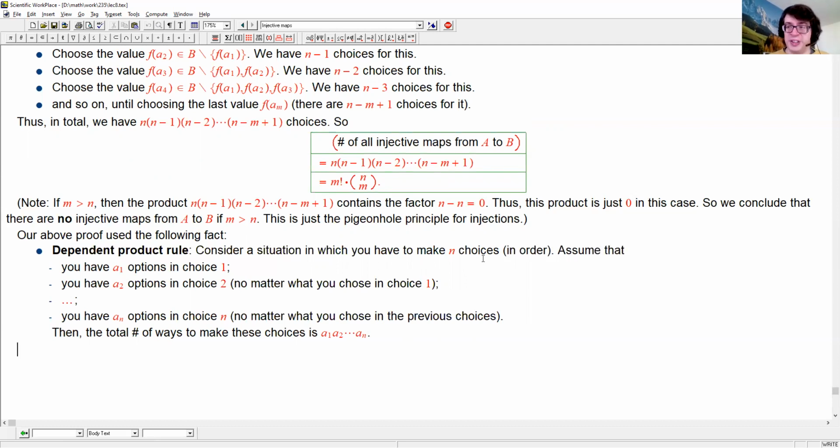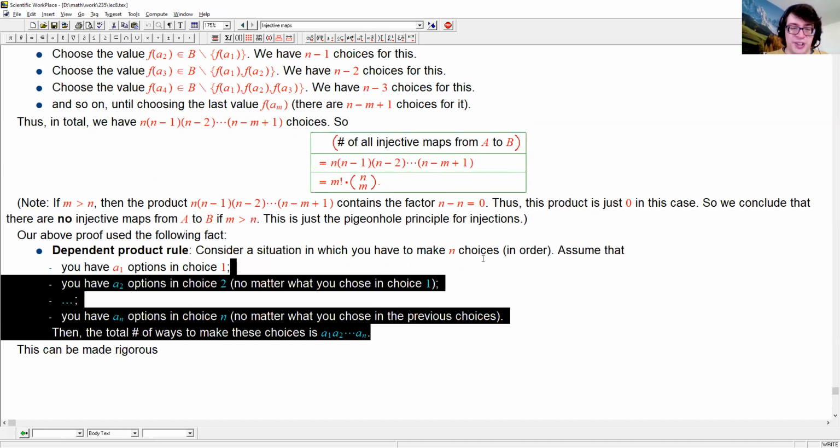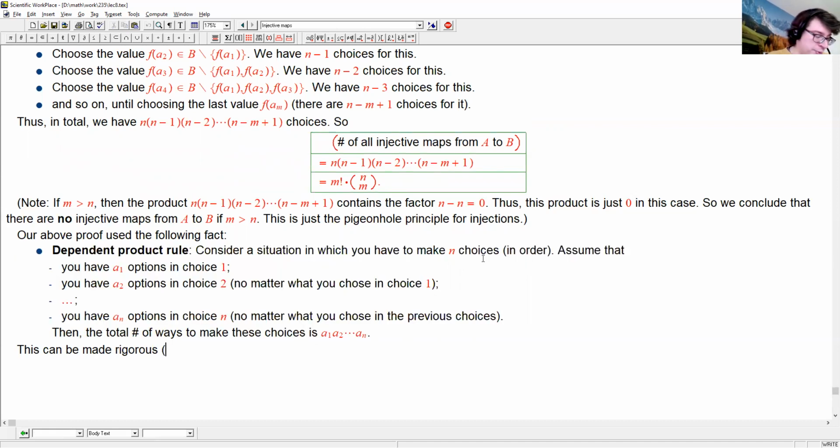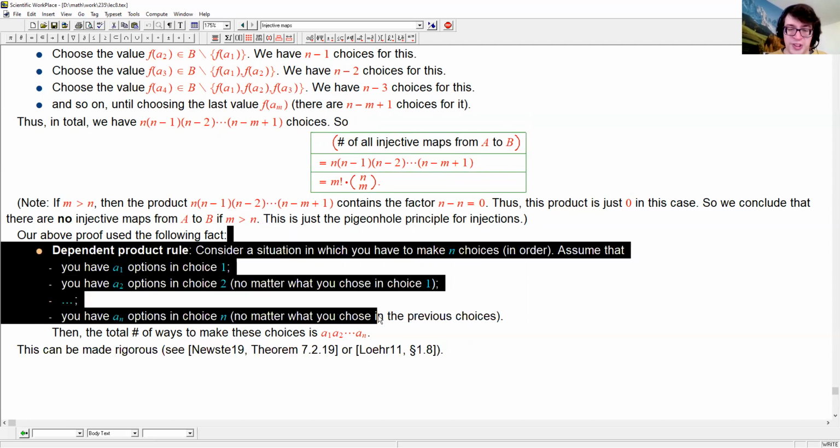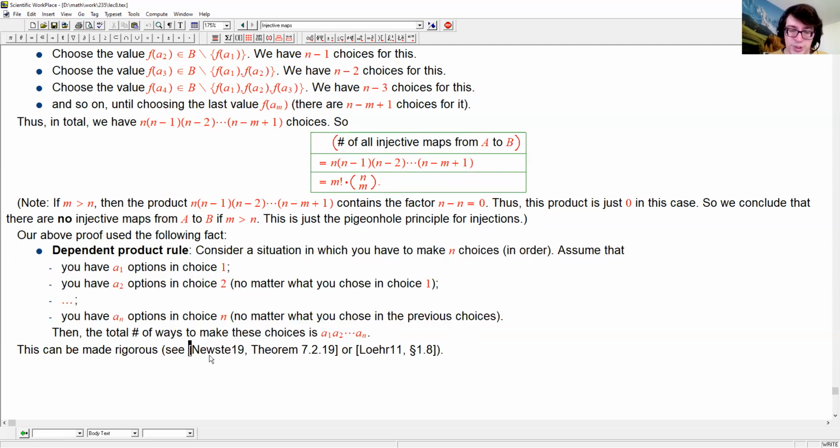If you have seen tree diagrams in high school, this is one of the things that follow easily from tree diagrams. So this can be made rigorous. I'm not going to do this. You don't need to do this in contests. It's enough if you understand this rule and how to use it. So see just 2 references. I'm going to put this in the notes. These are 2 texts which give proofs and rigorous formulations of this rule. Particularly Newstead is nice about it.